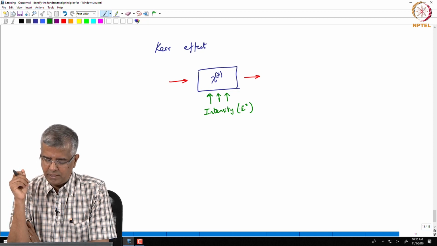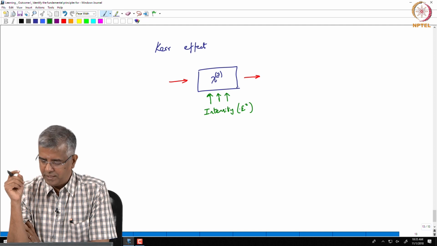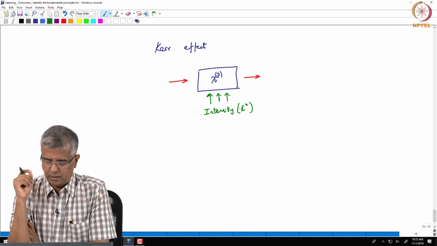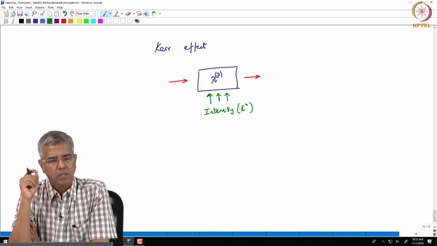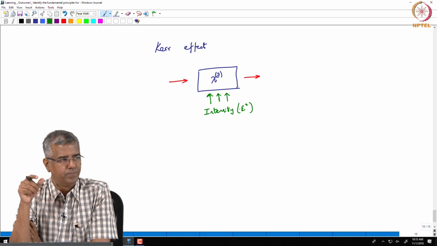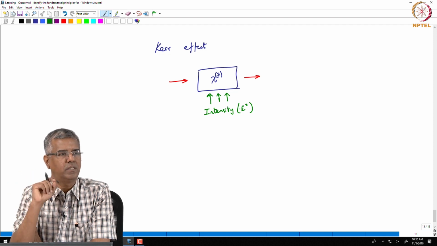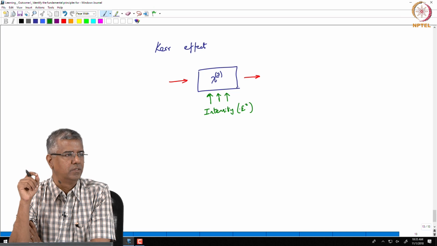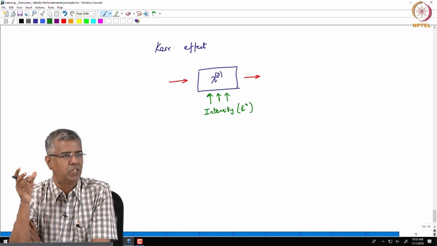So, what is the advantage of this now? I did not quite go to the details of the Pockels effect. One of the advantages of the Pockels effect is that the response time of the medium to an applied electric field, okay, it corresponds to moving some charges, and that could be in a very short time scale.